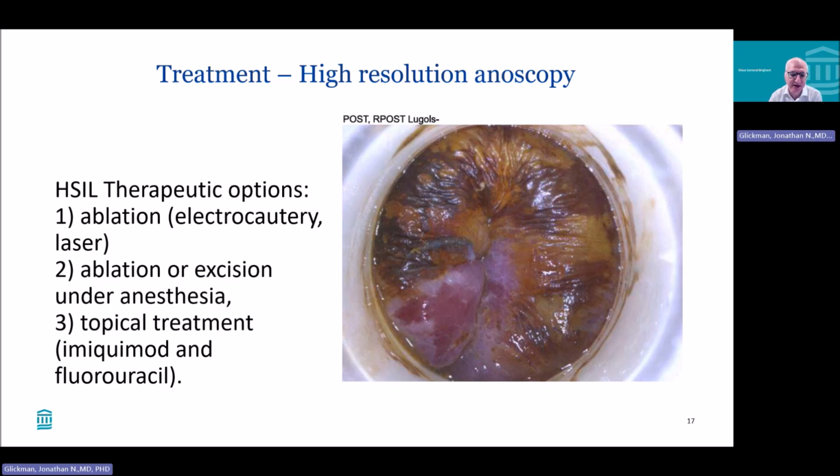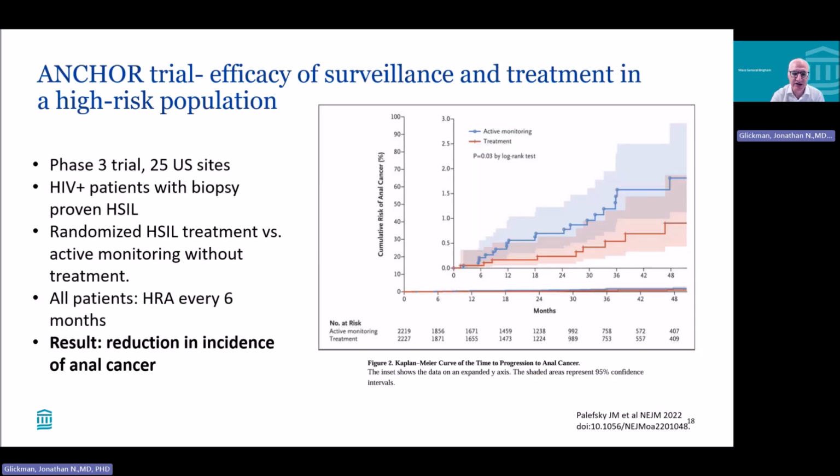So this would be an area to biopsy. And also potentially can be ablated with electrocautery or laser, or could be treated with topical agents. So this has shown actually some efficacy in clinical trials.